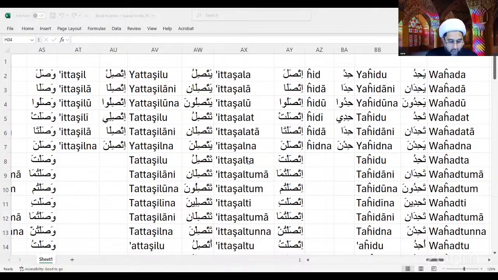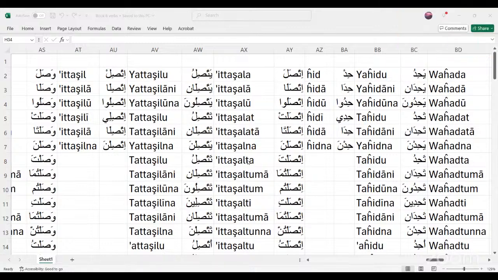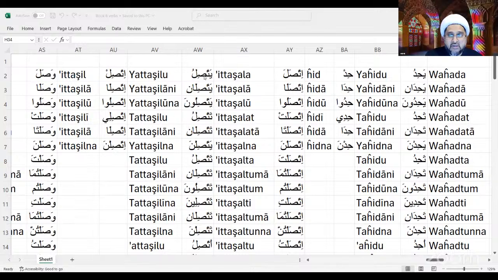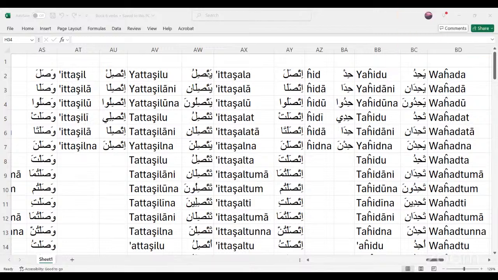Excellent. Now, can you add the present tense? Do the present tense for me, please. Yattasilu. So present tense is yafta'ilu. Here, the wow again is not mentioned. The ya has ya after the ya. The ta has a shadda.